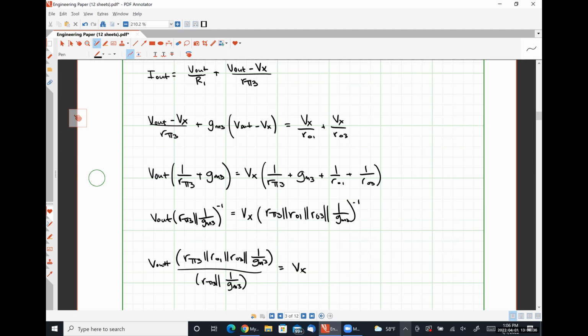Is equal to Vx. Which I could now substitute this relationship into here, and then rearrange to find V out over I out.